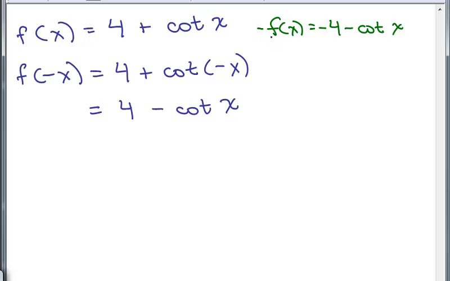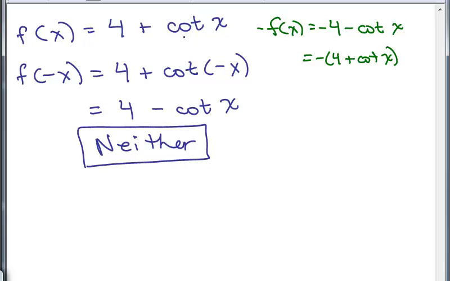Is it the same as negative f of x? Well, I'd have to have a negative sign in front of the 4, right? Not true. By the way, some people write this as negative 4 plus cotangent x. Of course, that's the same thing; I just distributed my negative sign. So it's not either. This original function is neither even nor odd.